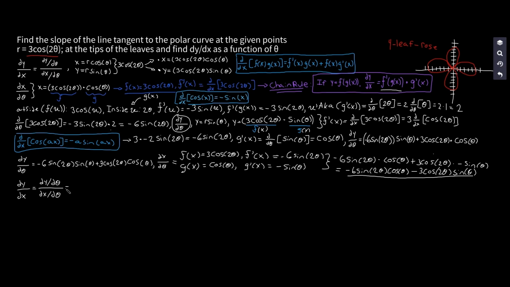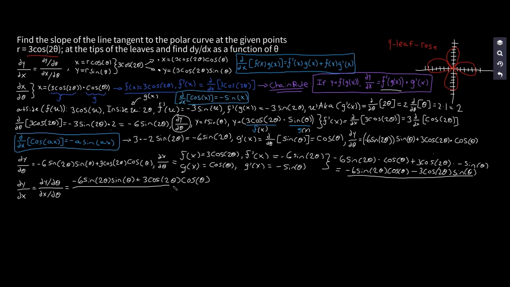Okay, that's going to be -6 sine of 2 theta times sine of theta plus 3 cosine of 2 theta times cosine of theta.